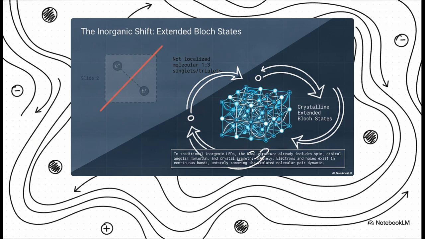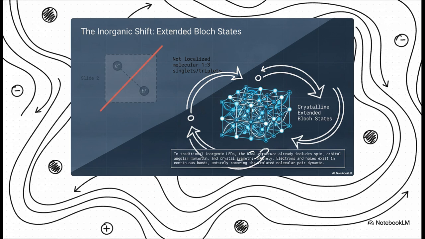Instead, electronic states in traditional LEDs exist as what we call extended Bloch states. Think of it like a massive, wide-open highway system instead of a bunch of isolated single-car garages. Electrons and holes exist in continuous, sprawling energy bands. This structure natively includes spin, orbital angular momentum, and crystal symmetry right out of the box.